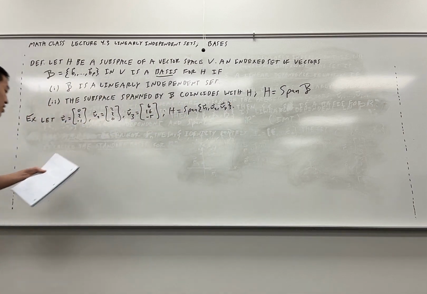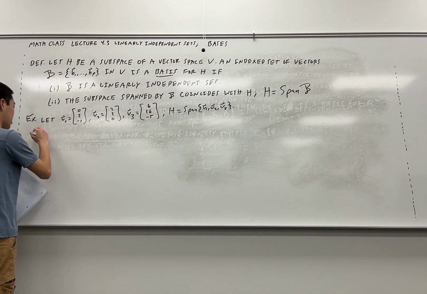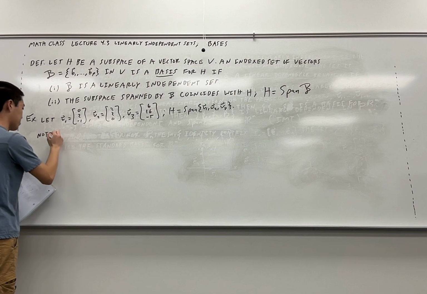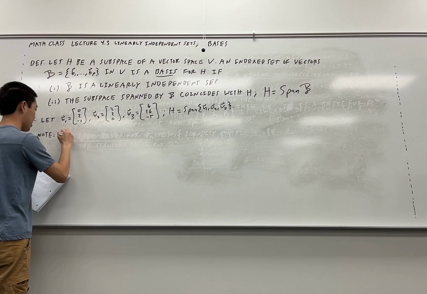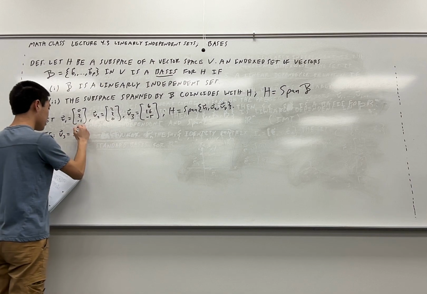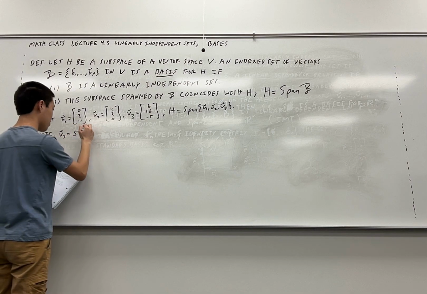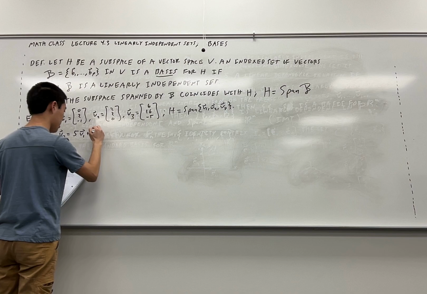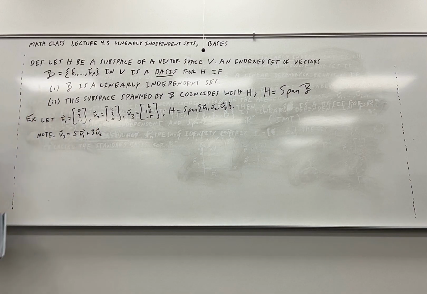Okay, so note, for the sake of the example mechanics, that the vector v3 is really just taking 5 times v1 and then adding 3 times v2 to it. You can check those numbers for yourself, but for now, just accept that this is a linear dependence relation, right?